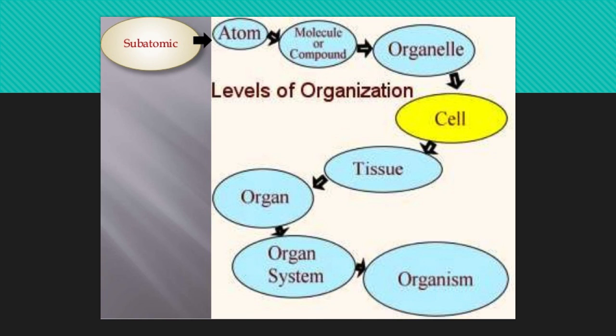Okay, and we are organisms. So we have all of those different systems working together that make up us, make us who we are, and make us functional human beings. So that's kind of how it all links together.